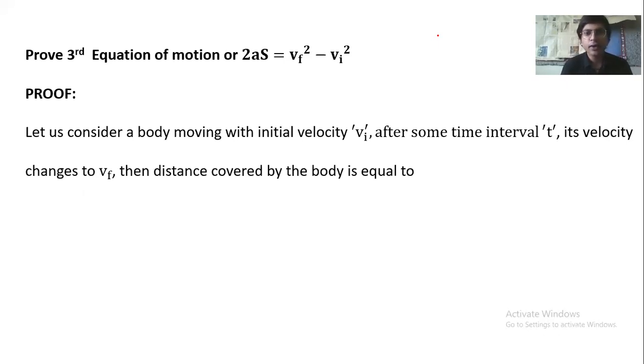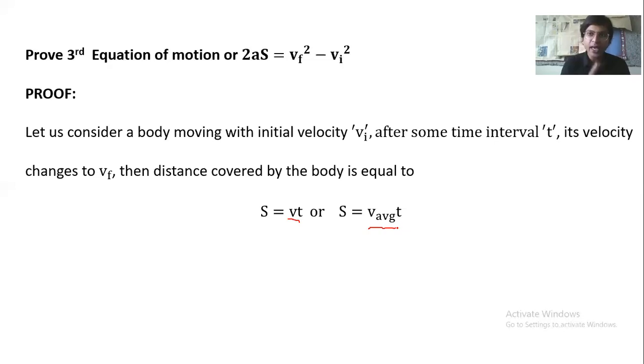Then the distance covered by the body is equal to, what formula will we be using? We will use the formula S is equal to V t, where we can write this V as V average. I have told you before, whenever a simple V is written in front of you, it means they are talking about velocity, and that velocity is the average velocity.